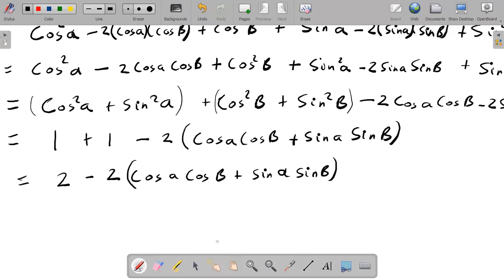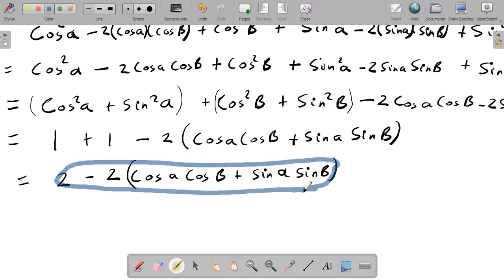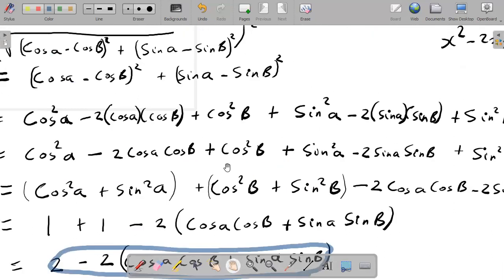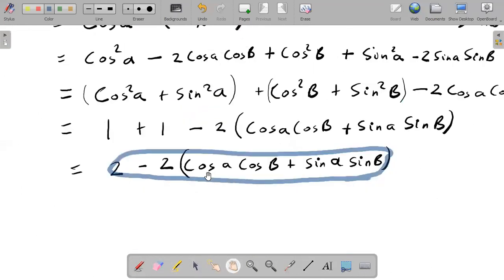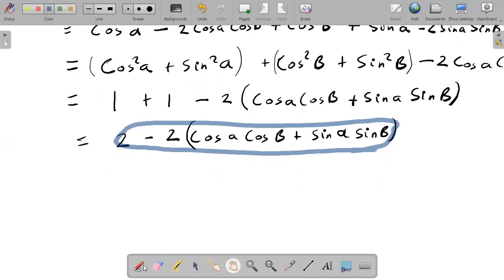So we now have two expressions for AB squared. We have this one, and we also have another one that we had created before, which is this one. So we now have two of them that are both representing AB squared. So what do we do at this stage? We equate the two. 2 minus 2 cos alpha minus beta, we are now going to equate to this one.